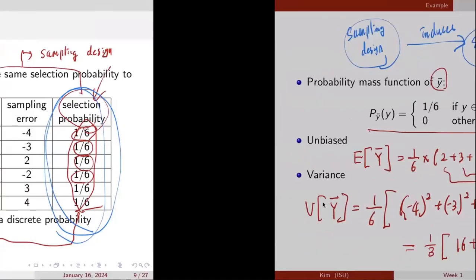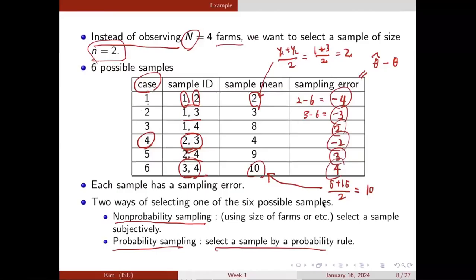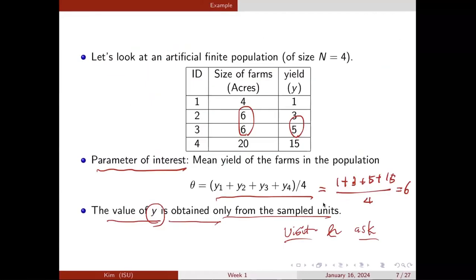If you look at the original distribution here, unit 4, this guy, is a big farm. And because it's a big farm, the yield is likely to be high.